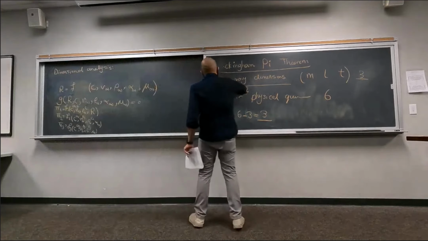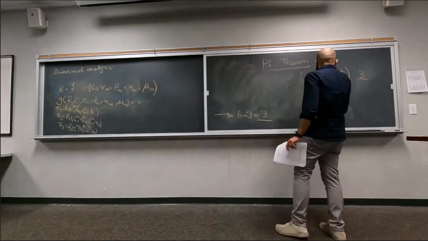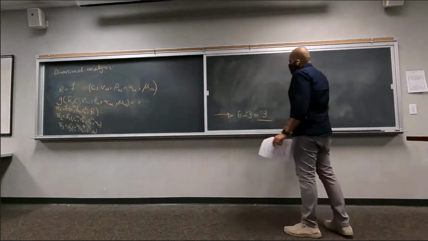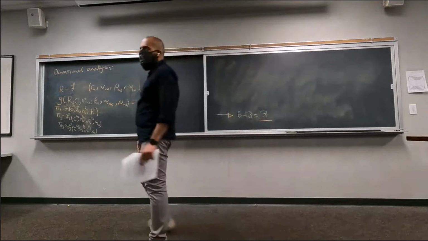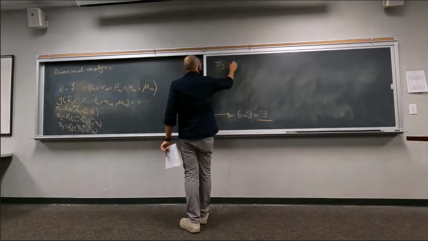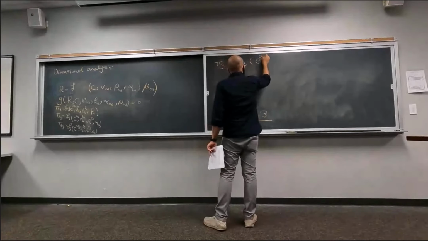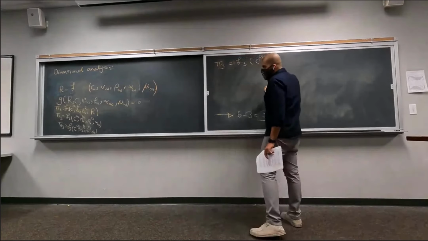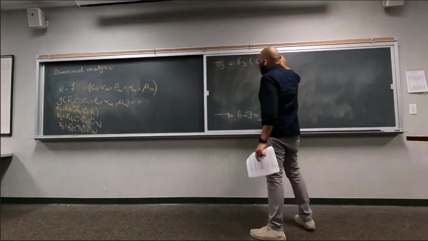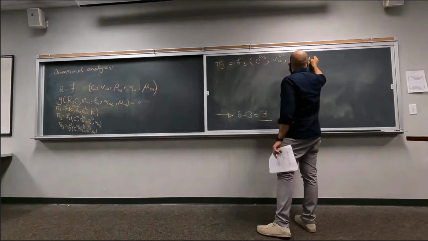Then, after this it is actually going to be very straightforward. Our job here is to find these powers, right? Let me start from the pi 3. F3 of c to the power a3, v infinity to the power b3, rho infinity to the power c3, and mu infinity.